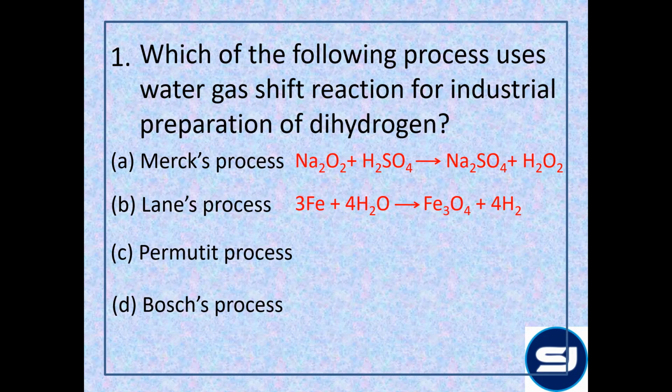Permutit process is related with softening of hard water. In fact, it was also named as ion exchange or zeolite process. Permutit is also called as ion exchange or zeolite process, and it is related with softening of the hard water.